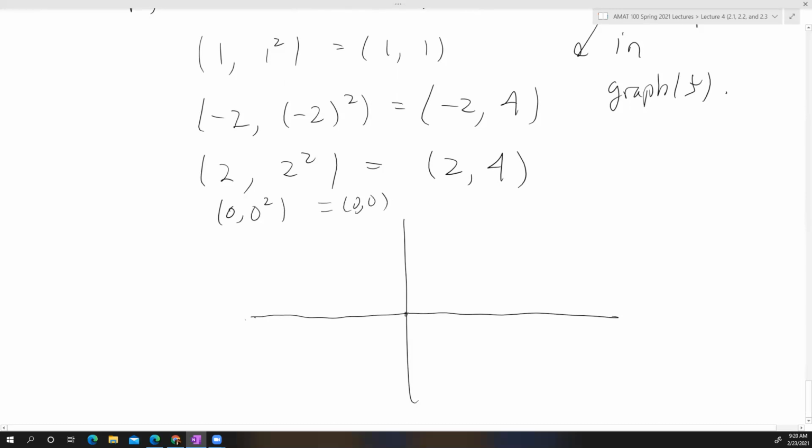So that's going to be a point on the plot of the graph, the set when we plot this. And then I have -1, -2, 1, 2. So when x is 1, f of x is 1.